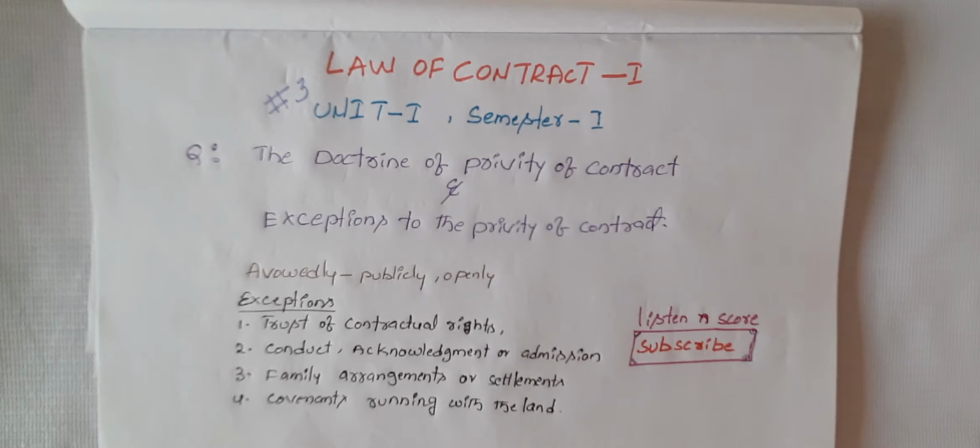The same was affirmed in Dunlop's case. Dunlop Pneumatic Tyre Company versus Selfridge and Company Limited, 1915 AC 847. Stranger to contract. Brief facts: Dunlop Pneumatic Tyre Company was the plaintiff. It was manufacturing tyres.